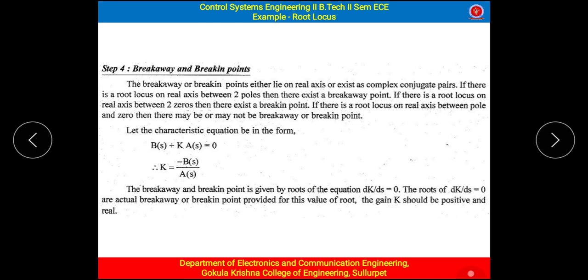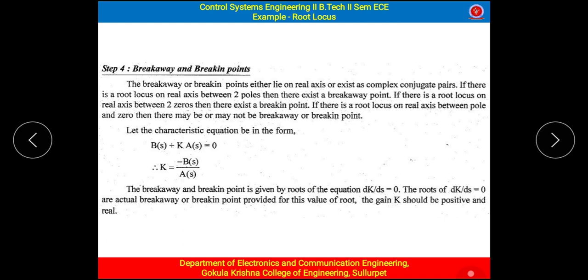Next, breakaway and break-in points. Let's take the real axis. On the real axis, let us assume that there are 2 adjacent poles.